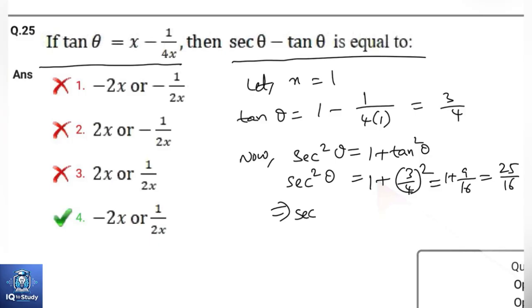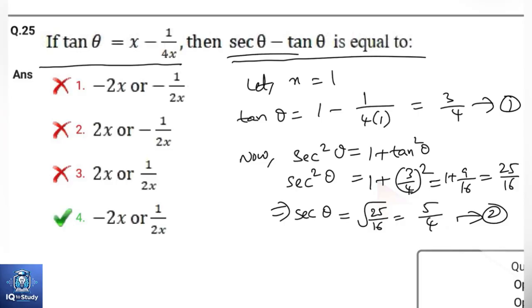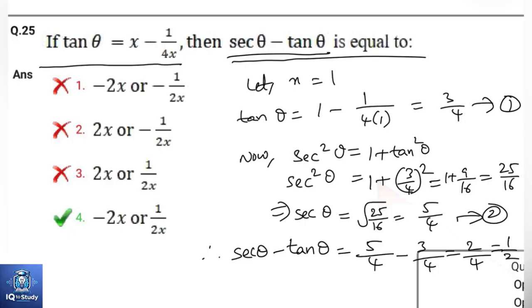Now secant theta is equal to square root of 25 by 16, which is 5 by 4. From 1 and 2, we can easily find secant theta minus tan theta. 5 by 4 minus 3 by 4, which is equal to 2 by 4, that is equal to 1 by 2.